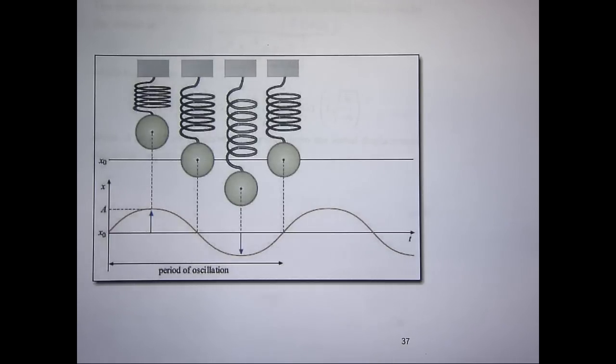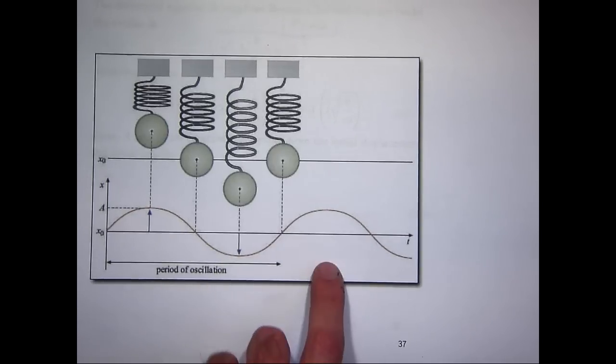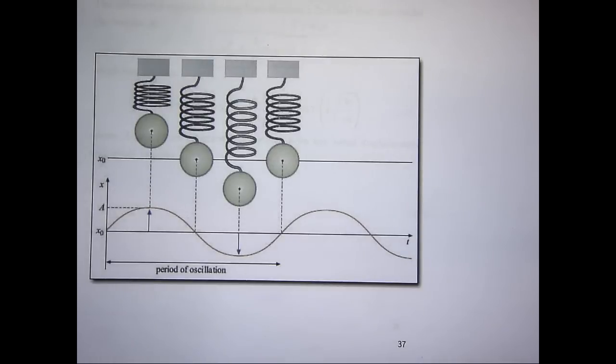That's not going to work. It's going to stop. Why is it going to stop? Well, air resistance, gravity. So this model is a very basic, somewhat unrealistic model for our spring mass system.